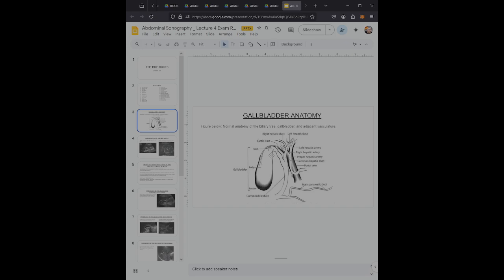When stimulated by cholecystokinin, which is produced by the duodenum, the gallbladder contracts and empties bile into the biliary tree at the level of the proximal common bile duct.